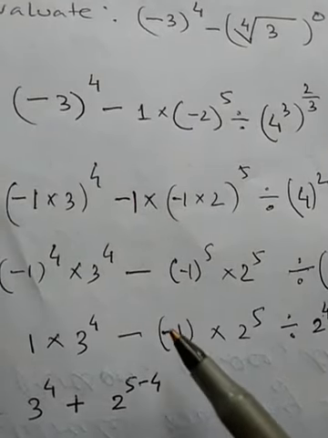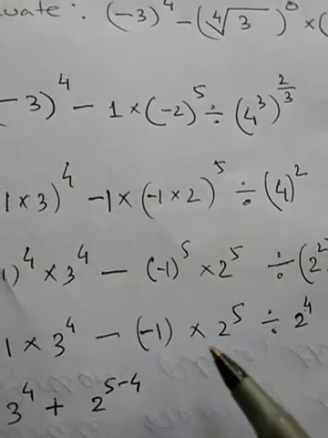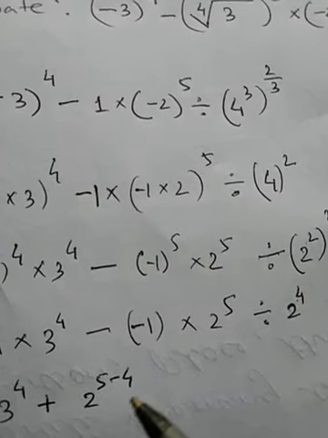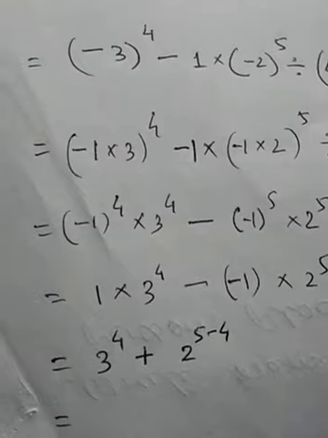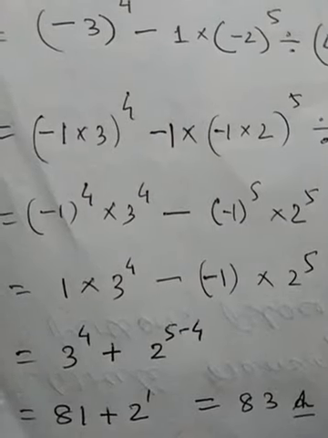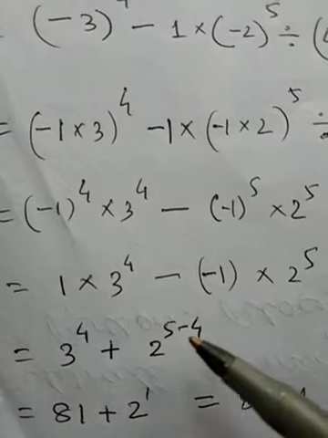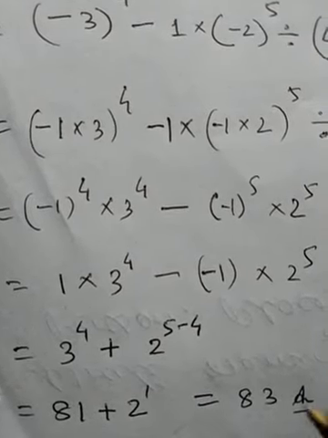Here minus 1 into minus will become plus, and then next a to the power m divided by a to the power n. So here we have used a to the power m minus n, and then 3 to the power 4 will become 81 plus 2 to the power 5 minus 4 is 1, so the answer is 83.